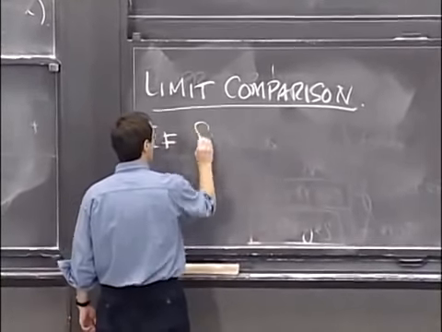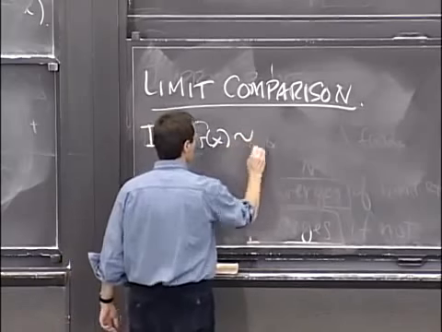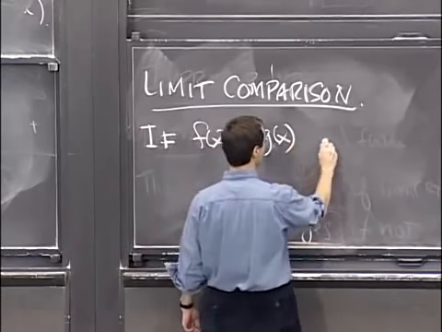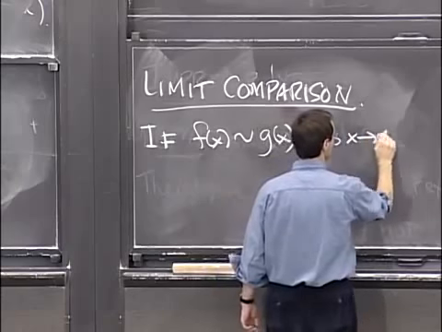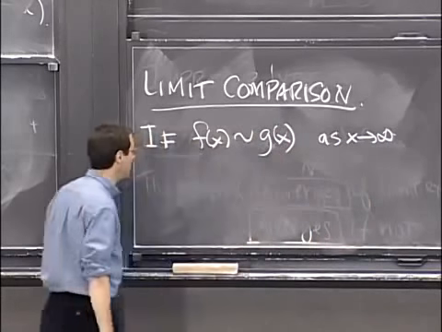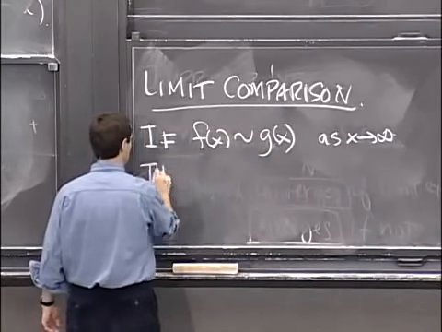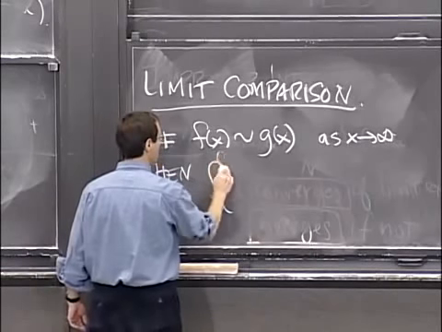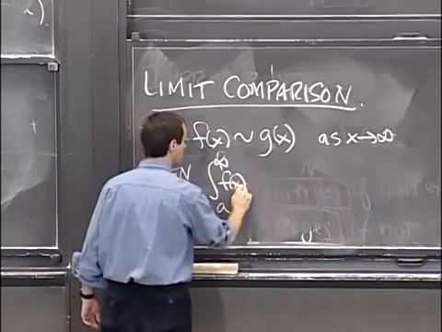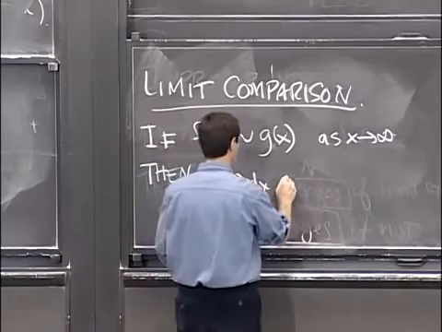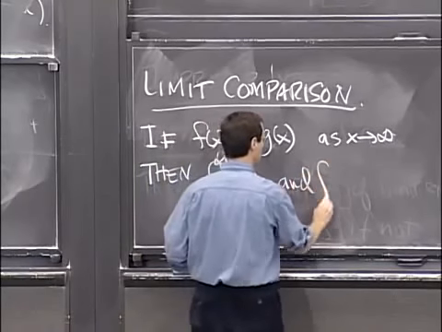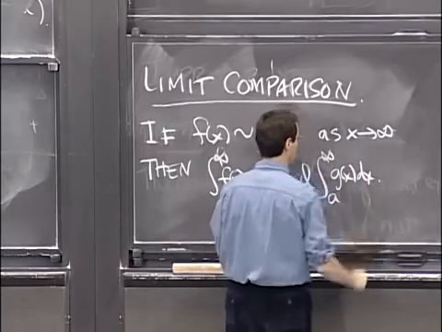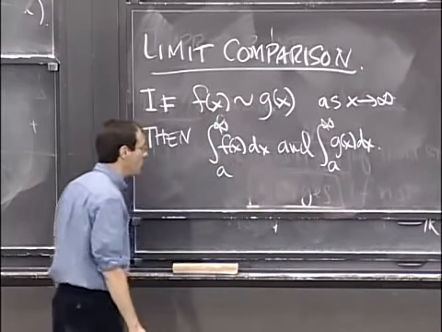If a function f is similar to, asymptotically the same as, a function g as x goes to infinity, I'll remind you what that means in a second, then the integral, starting at some point out to infinity of f of x dx and the other one, converge and diverge at the same time.